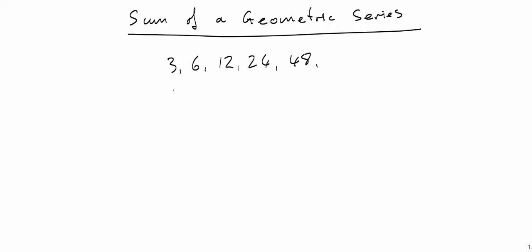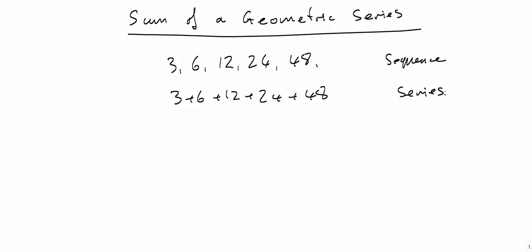So we want to know the sum of the sequence, and the sum of a sequence is known as a series. So this is a sequence, this is a series, as we said.